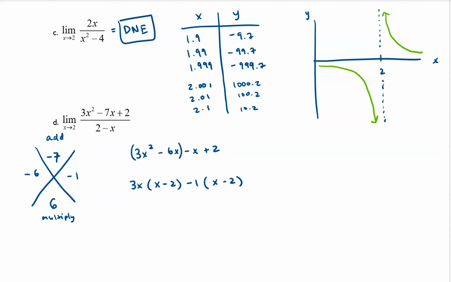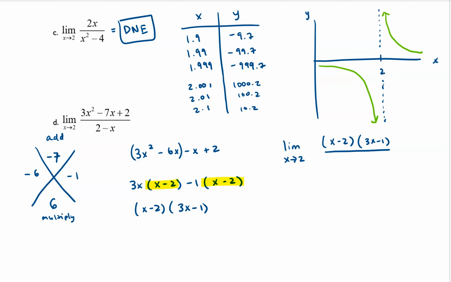If I factored those both out, I'd get x minus 2, and then what's left over is 3x minus 1. So if we rewrote our limit, it would look like the limit as x approaches 2 of the function x minus 2 times 3x minus 1 all over 2 minus x.